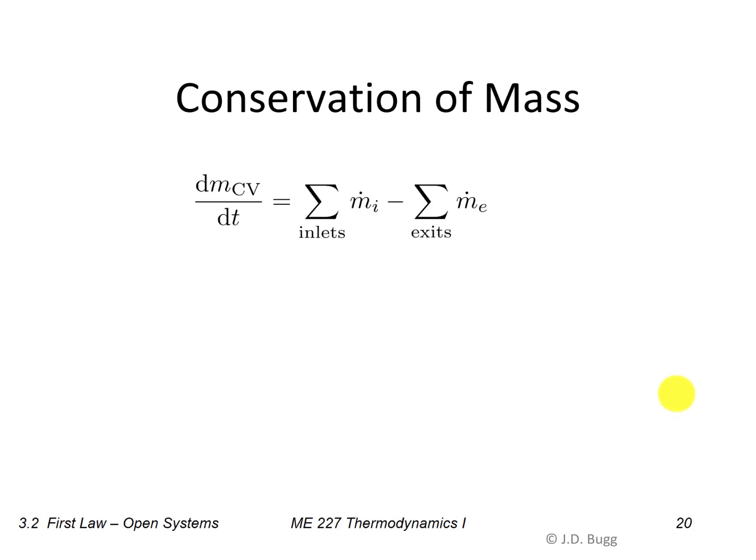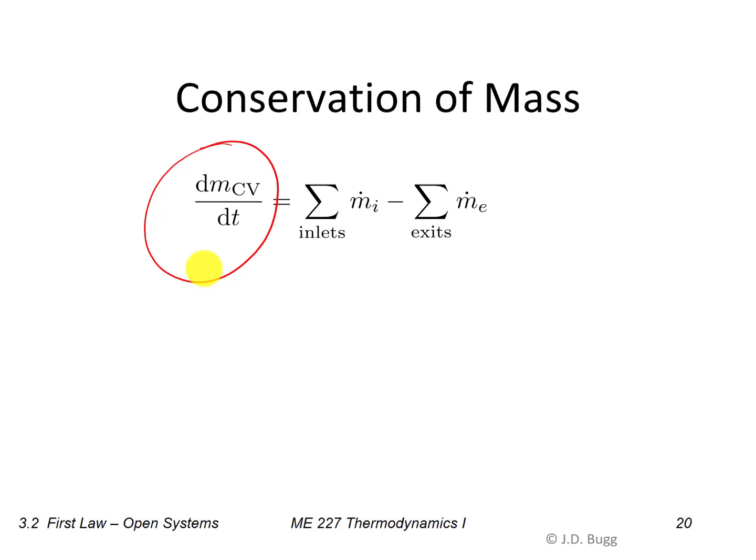So conservation of mass for a control volume is as follows. Again, the left-hand side is the unsteady term, only now the quantity that we're studying is the mass in the control volume, not the energy in the control volume. So the left-hand side is dm dt, where the m is the mass inside of our control volume.